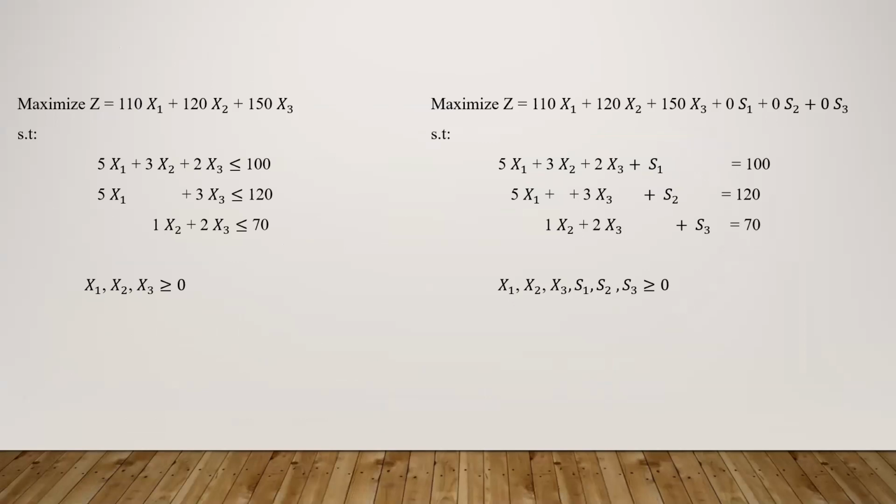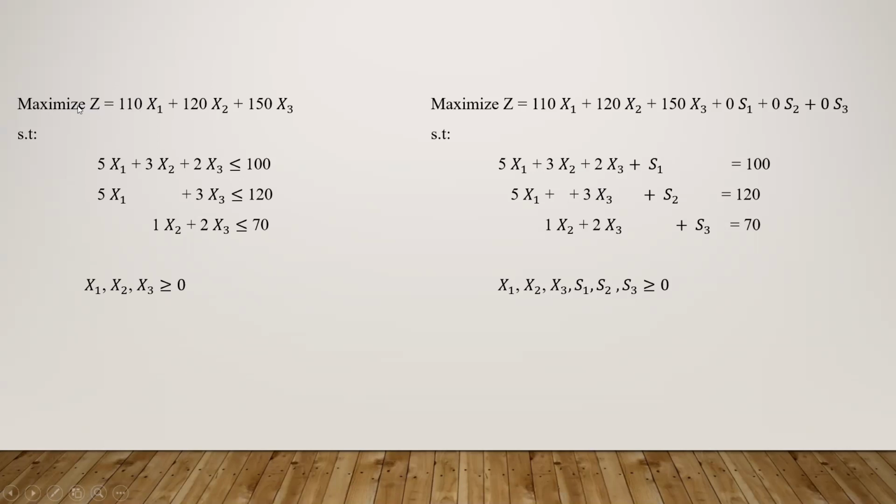We have reformulated the problem into its standard form, and there was no surplus variable. But in case you have a minimization problem with a surplus variable, the first thing is to change the minimization problem into maximization by multiplying the objective coefficients by minus.